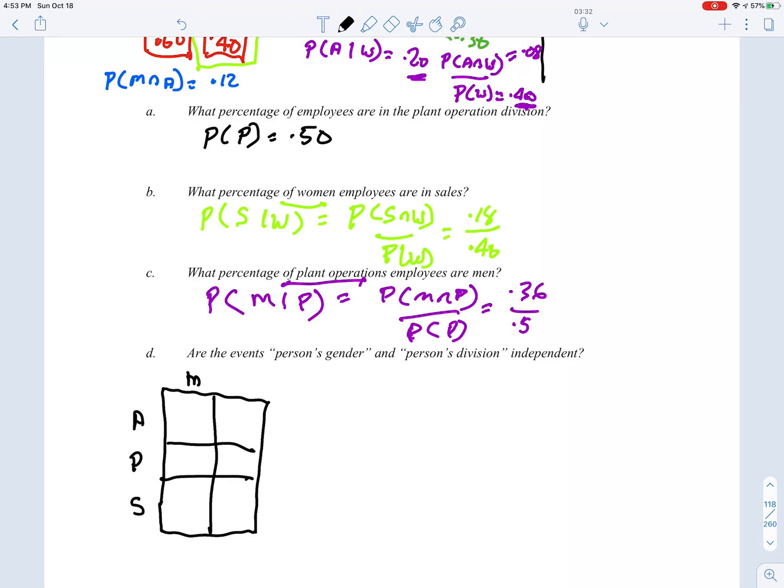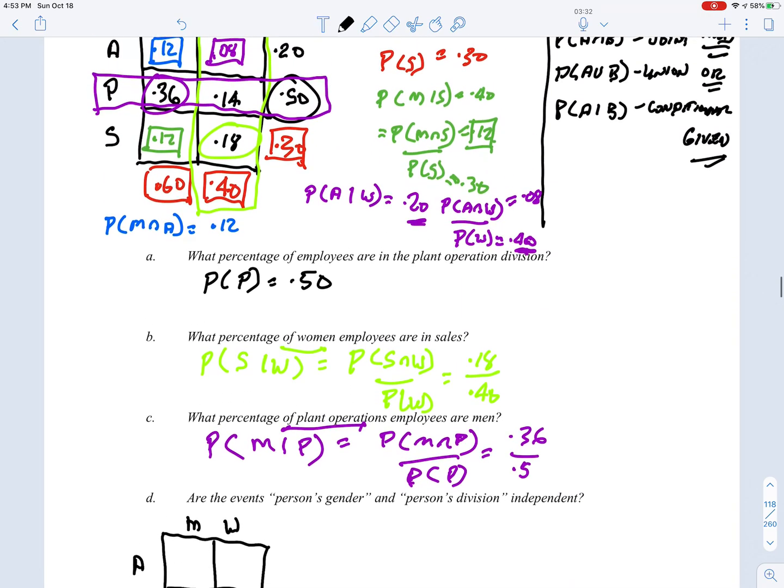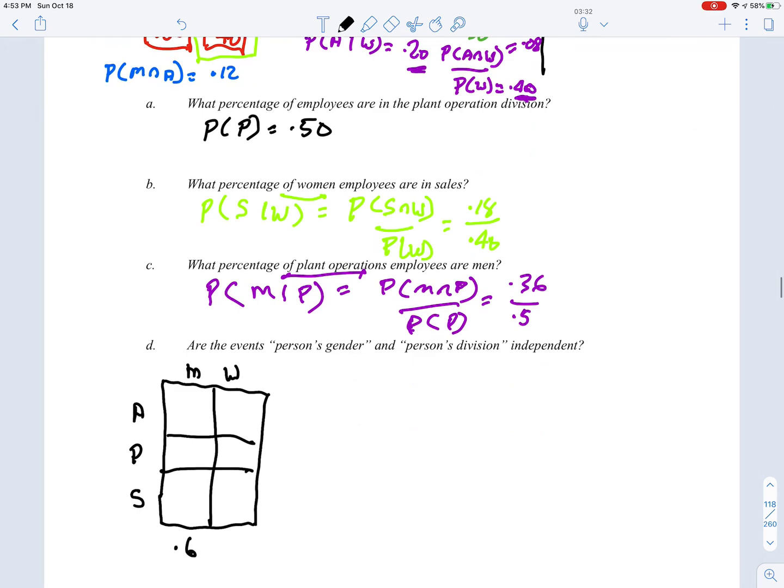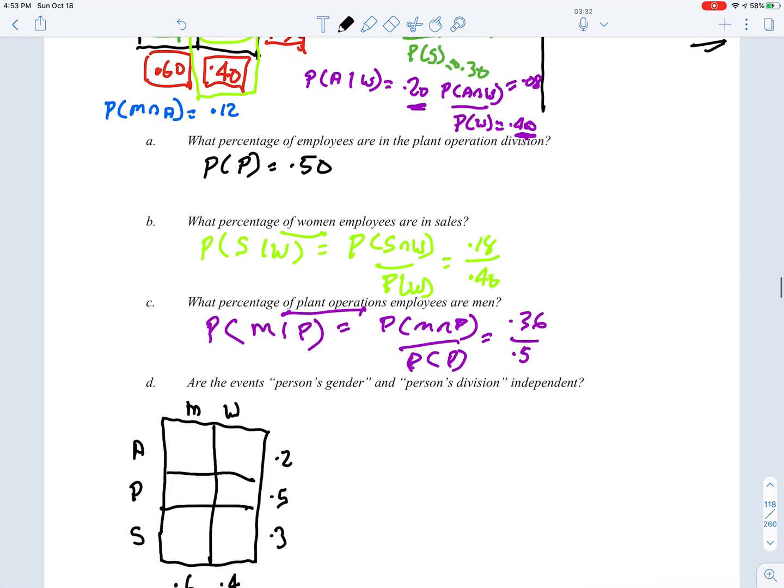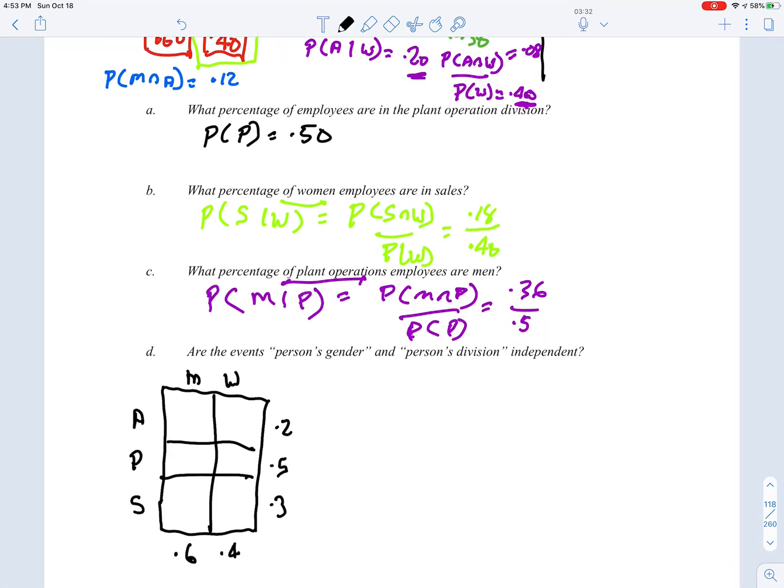So we've got A, P, and S. We've got M and W. And we've got 60% are men, 40% are women. We've got 20% in administration, 50% in P, and 30% in S, sales. So that's what we've got.